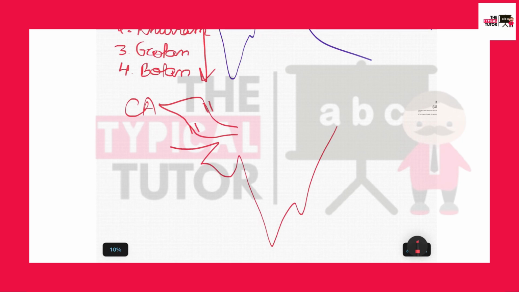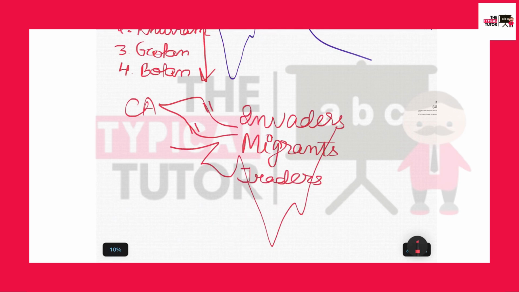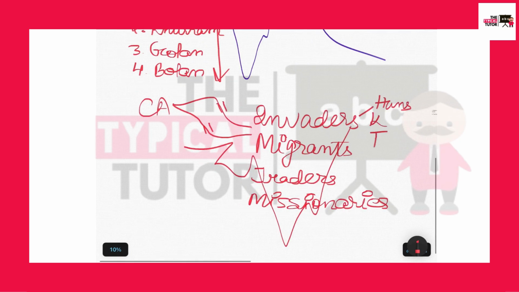Not only invaders, there were migrants, traders and missionaries. Invaders include the Huns, Kushans, Turks, etc.